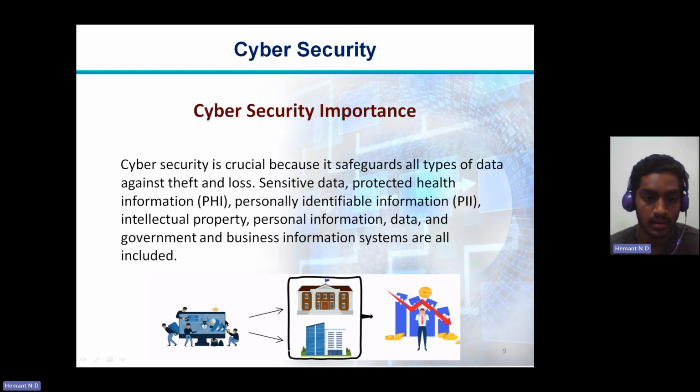If the hacker is able to hack into this system, there will be a lot of loss in the organization. So it's really dangerous if the hacker is able to attack the system and get the details or data of the organization. So it's best to have a secure firewall or cybersecurity implemented in the organization.